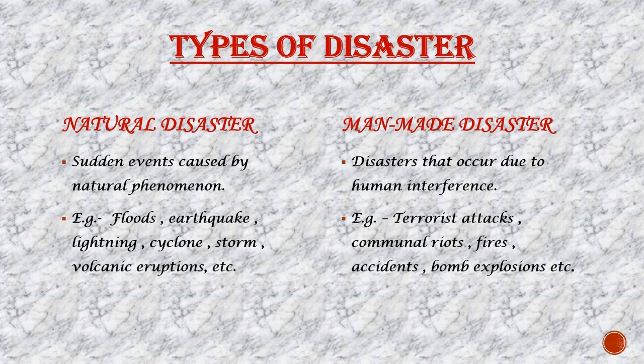For example, drainage systems that are choked due to improper disposal of garbage cause the water to overflow on the road. Mining and construction of big dams can lead to earthquakes, etc.